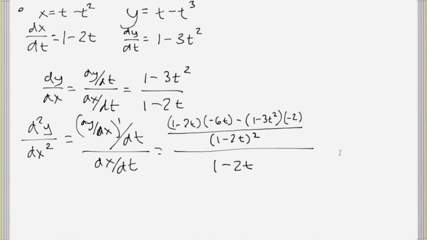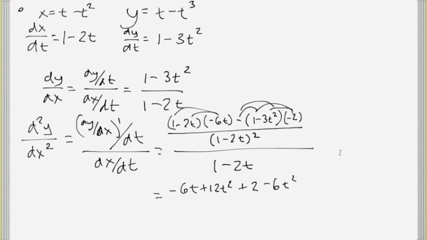So we could do some algebra to clean this thing up a little bit. On the top, I'm going to do some distributing. So I'm going to get negative 6t plus 12t squared. And then here I'm going to distribute a negative 2 and a negative, so it's going to give me plus 2 minus 6t squared.